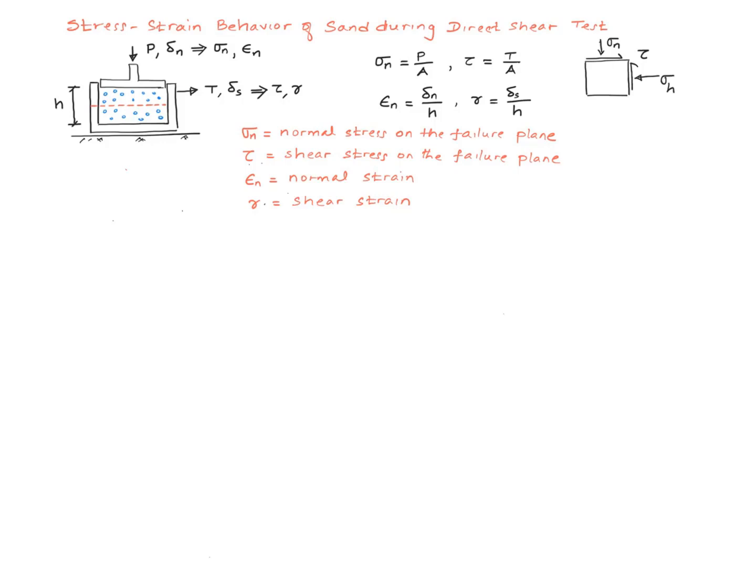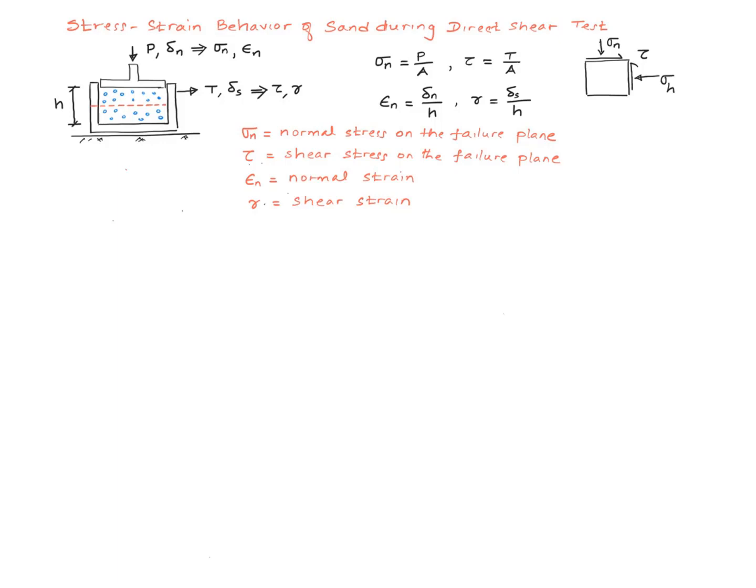Of course, before you apply, you have a normal stress applied to the sample. Since sands don't show any cohesion, in principle, you need just one test in order to evaluate the friction angle. But typically, we'll do a couple of tests so that you can average it out, accounting for experimental errors.